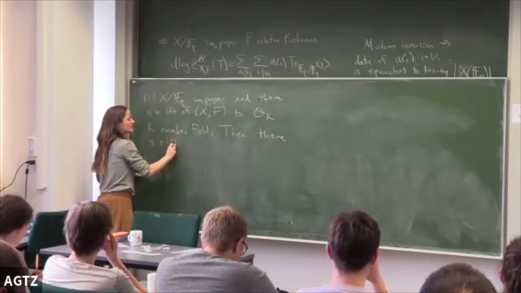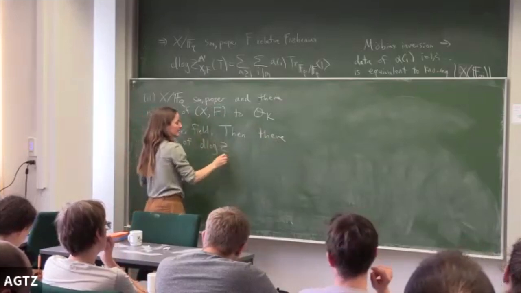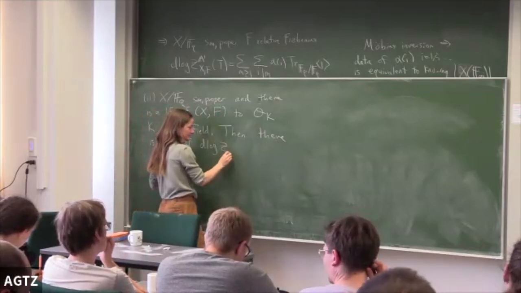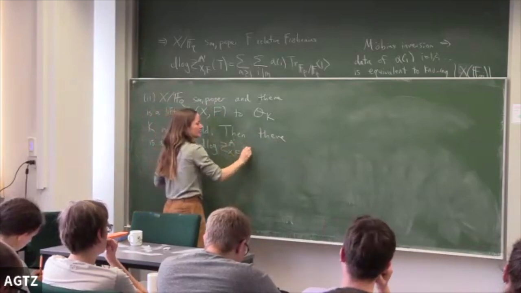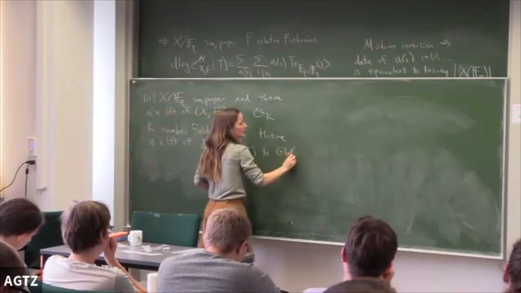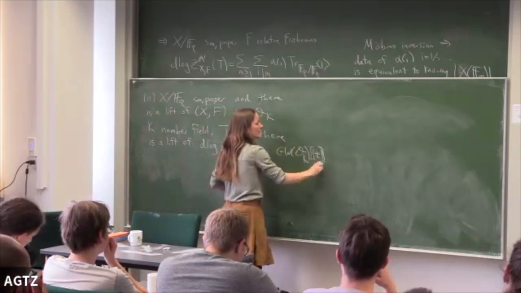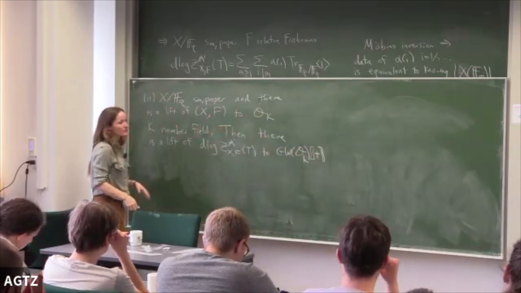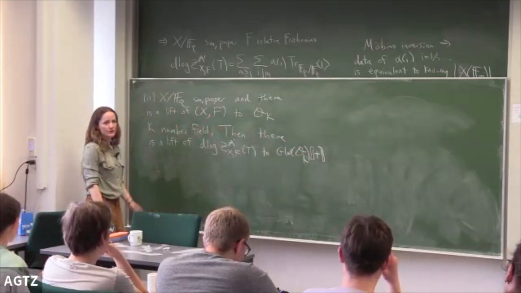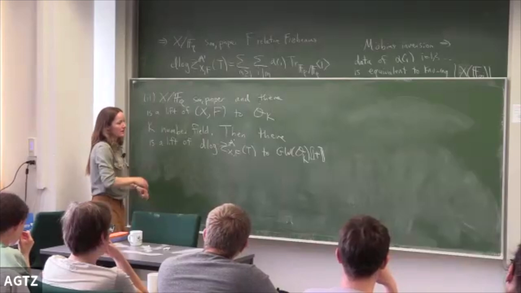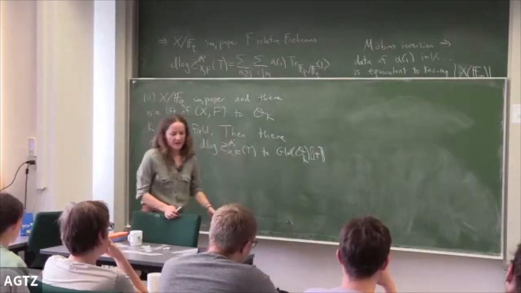A lift of d log zeta of X, f of t, to a power series with coefficients in the Grothendieck group of the ring of integers of the number field, which on pullback gives you your original zeta function.